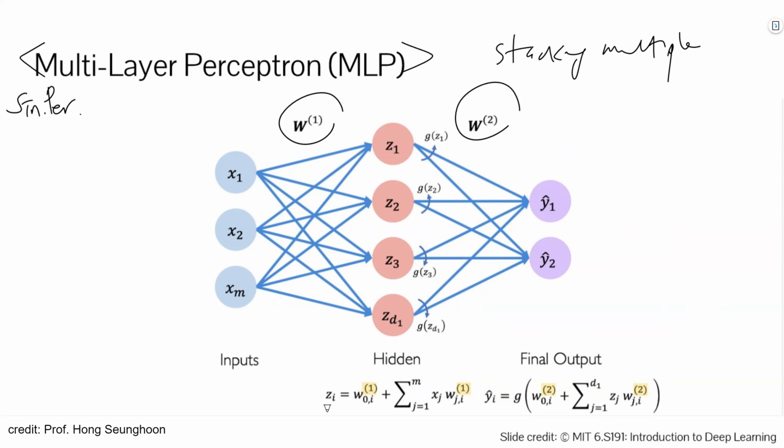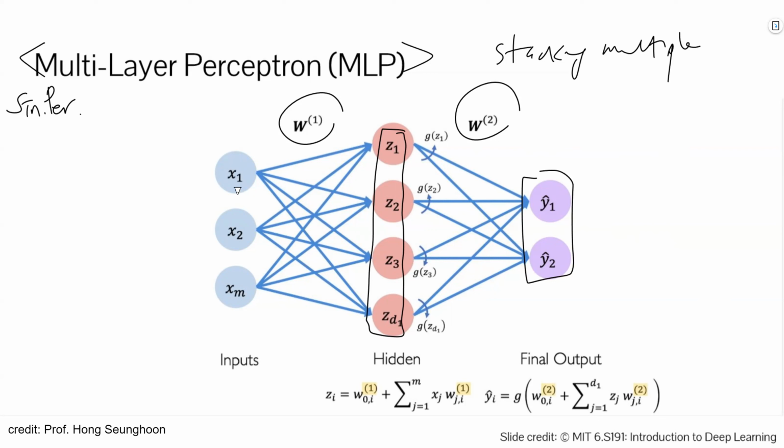To calculate this hidden layer components, we call these components hidden layer because it's in the middle. And this one, the last layer, is the output layer.